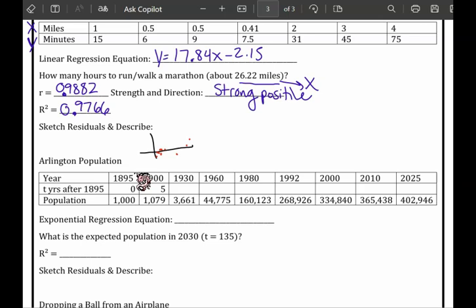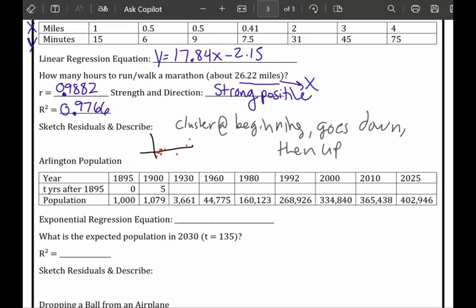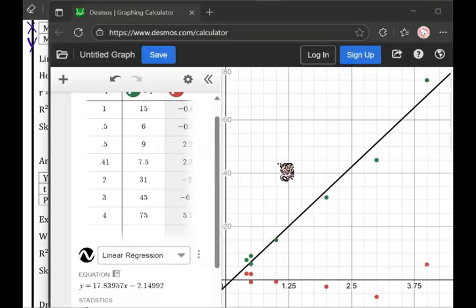So for the description, we can say it's clustered at the beginning. Goes down and then up. This would overall be an okay model here, but it just might need some more data points.